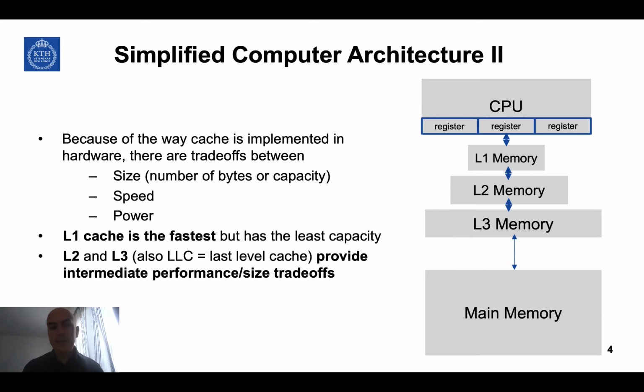L1 is the fastest cache, but is typically the smallest one. There are also at least one or two other caches, L2 and L3, where L3 is also called LLC, last level cache. They provide an intermediate performance and size trade-off.